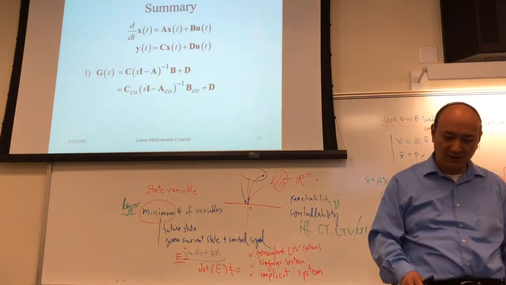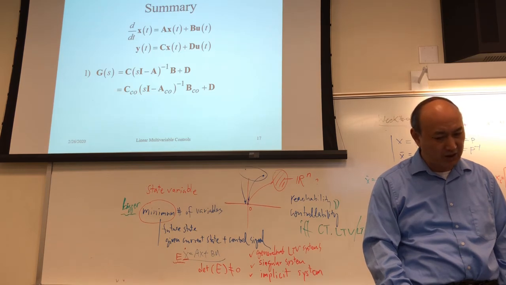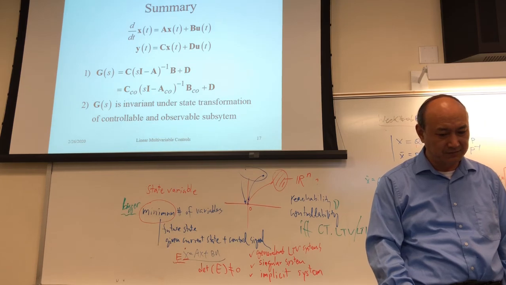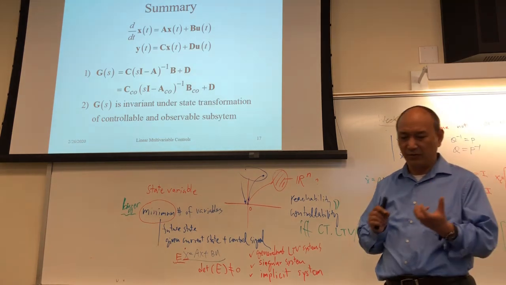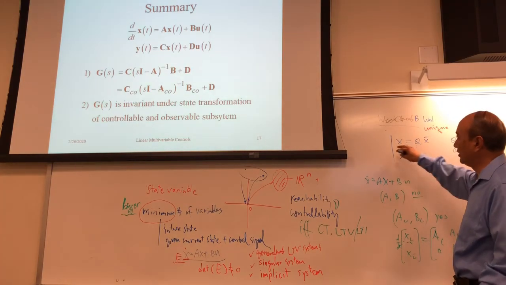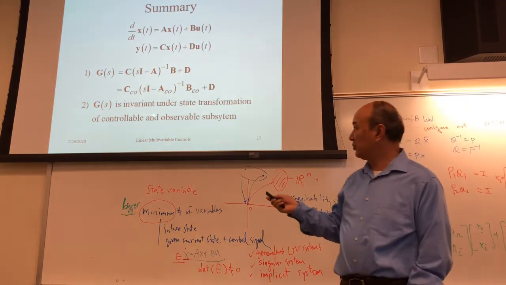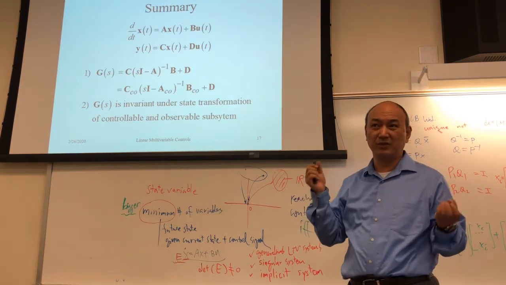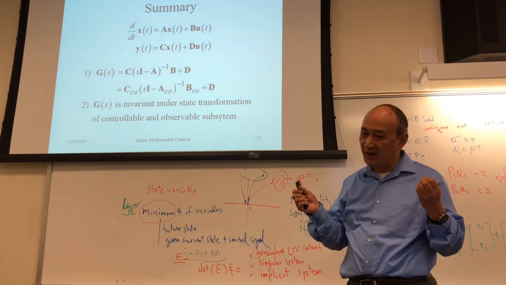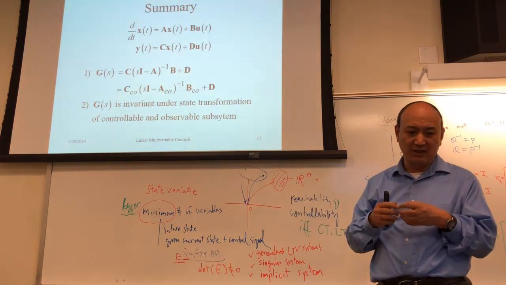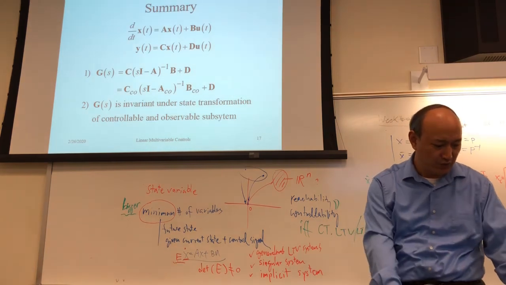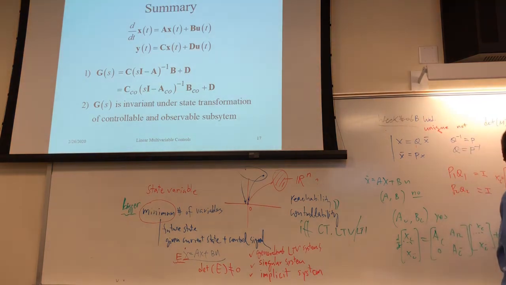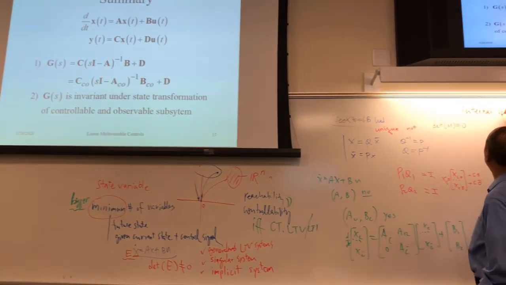So in other words, no matter what kind of coordinate transformation you do, the input output will not be changed. In and out will not be changed. So that's why the state space is also called internal representation.